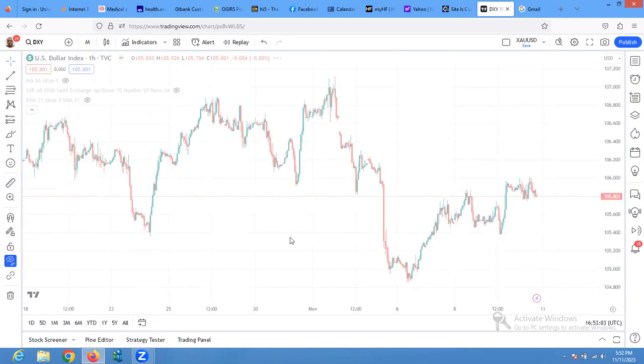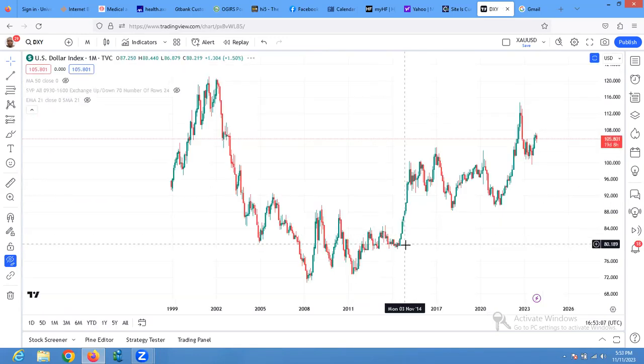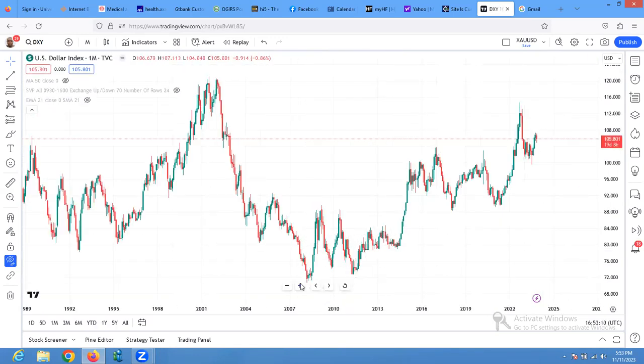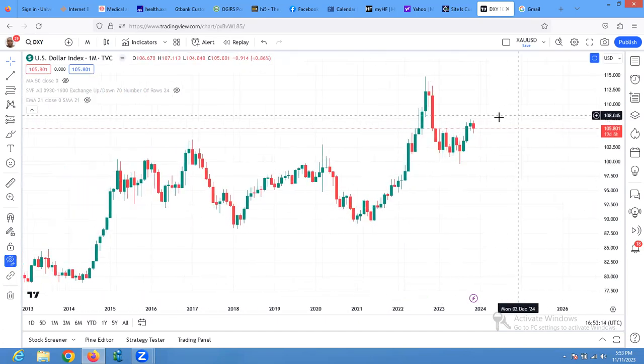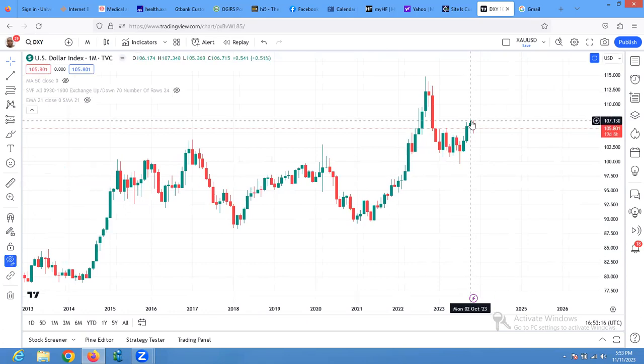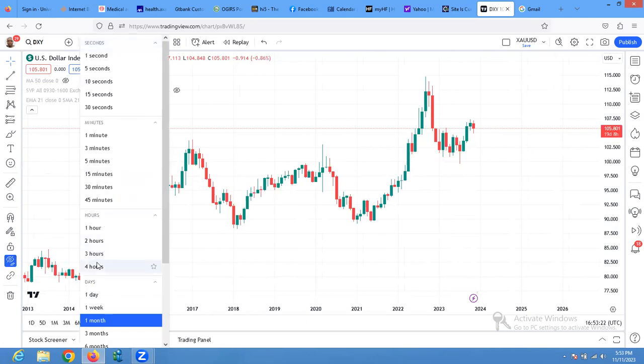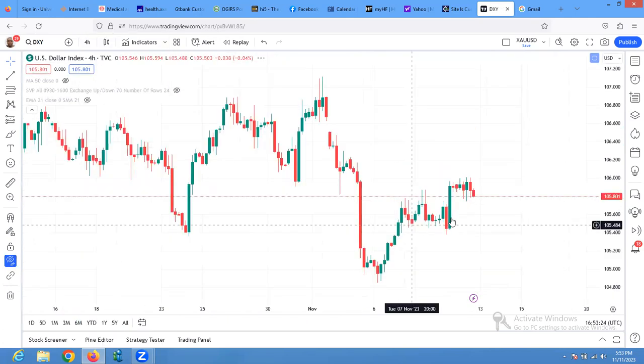On the monthly, it's still the same in terms of the price action that we saw on the US dollar index. It may just be early days of us turning down again and the dollar losing strength. Let me jump to the 4-hour time frame and see how it's different.